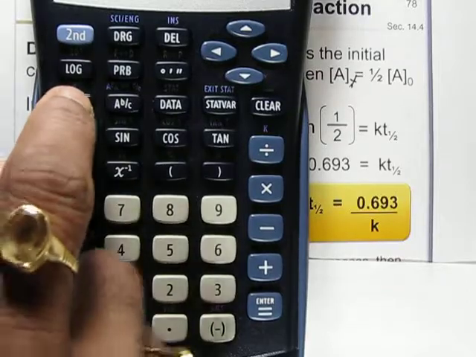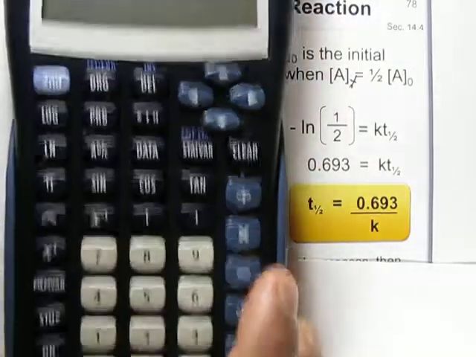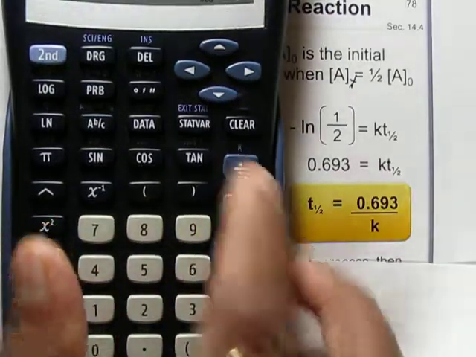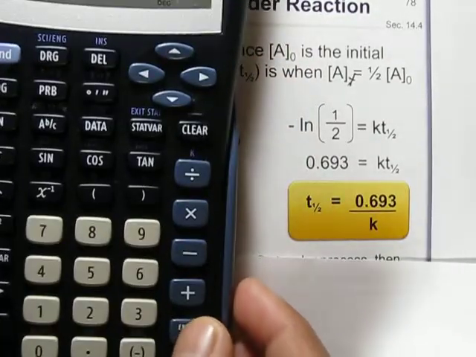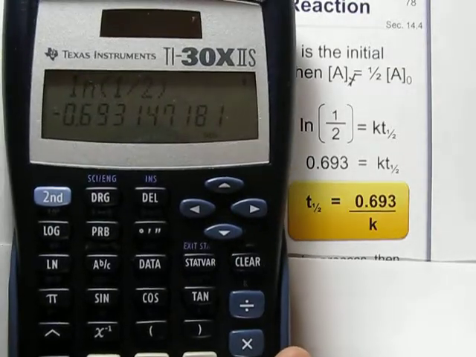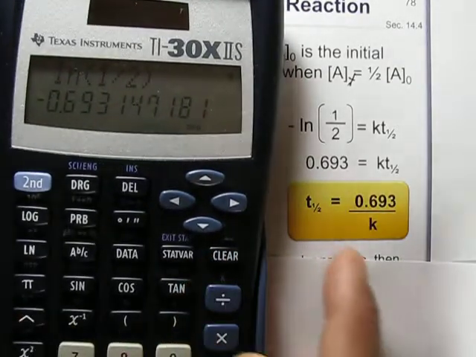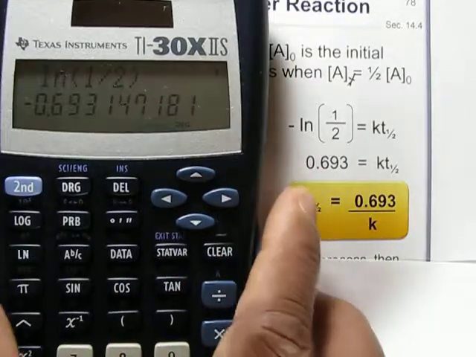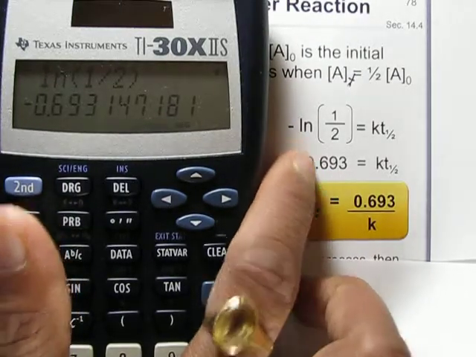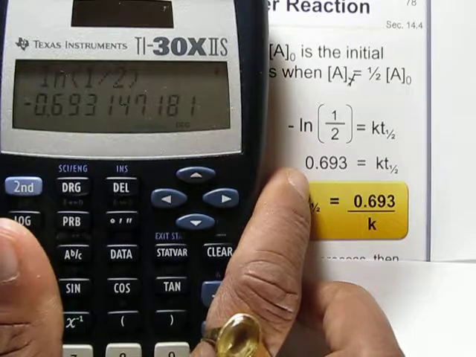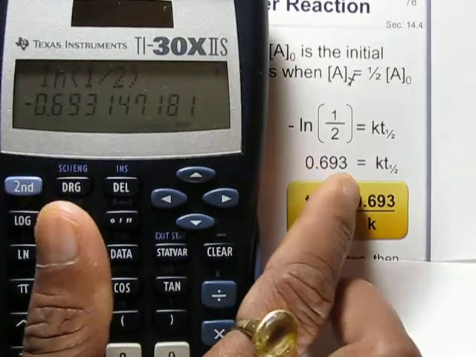We can do it like this: natural log, 1 divided by 2, parenthesis close, and then enter. Here you can see the answer will come negative, and once you take the negative, this will become positive: 0.693.